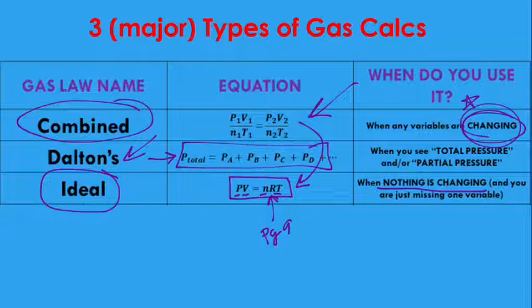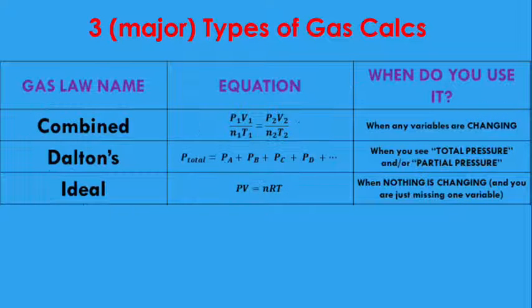So it's mostly going to be if you see a problem that's all pressures, but specifically if you see something about a total pressure or partial pressure, that is a definite indicator that it is a Dalton's law problem, where we're going to be just adding up the partial pressures to find the total, or subtracting out some of the partials we know to find the partials that we don't. There are some special cases that have some percents in them, but that is the main three.